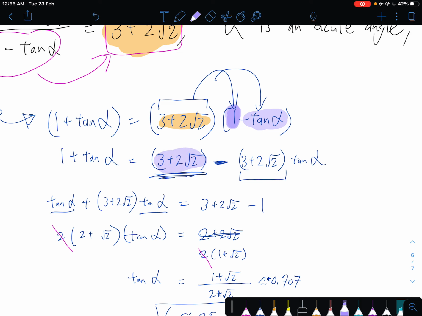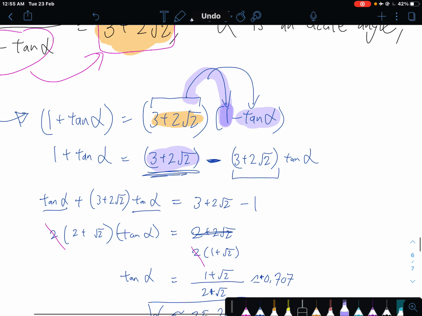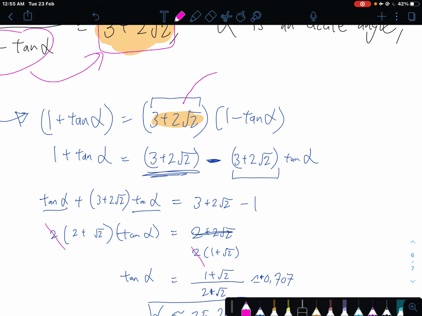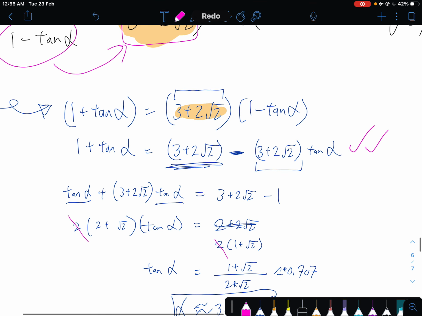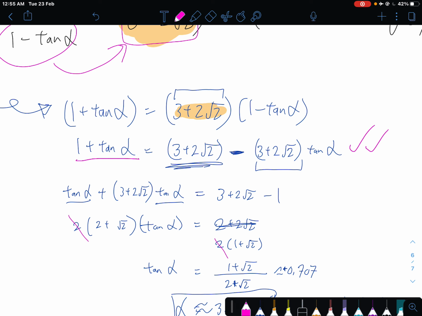Let me just erase that now. And 3 plus 2 root 2, if you multiply into this second term, you will get this expression over here, with a negative sign in front, because negative. Clear, good. So now we will have this expression. Of course, the left hand side, the numerator of the previous fraction, stays the same.